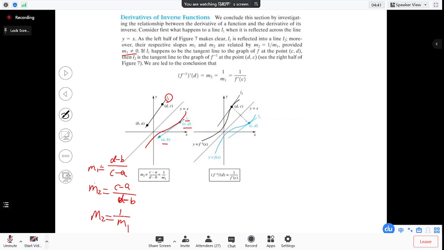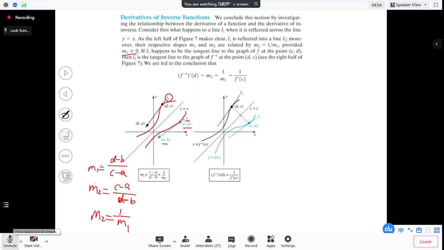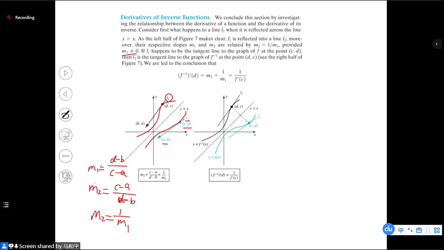Then L2 is the tangent line to the graph of f inverse at the point (d, c). See the right half of Figure 7.